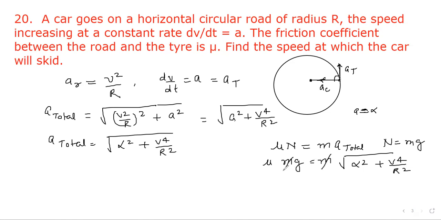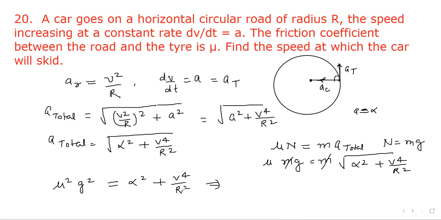And here our purpose is to get v. So we have to square it. So it will become mu square g square equals alpha square plus v power 4 divided by R square.